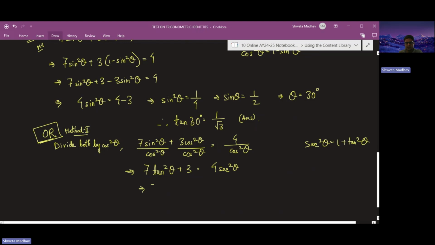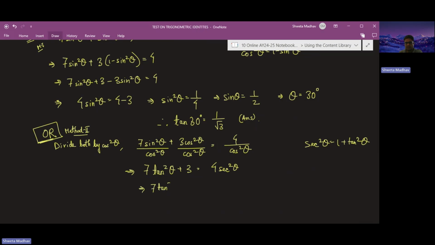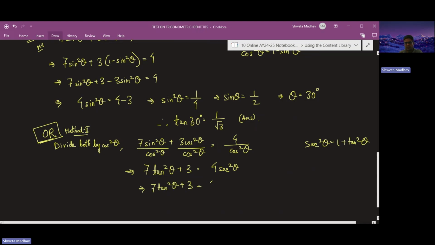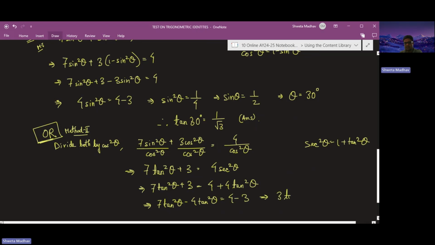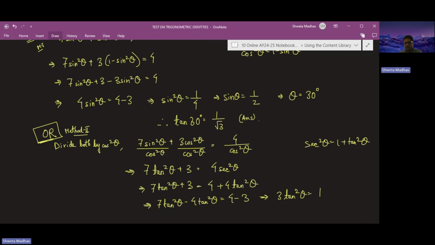So here we can write this as 7 tan square theta plus 3, that is equal to 4 into 1 plus tan square theta. So I can write it as 4 plus 4 tan square theta. So this will be 7 tan square theta minus 4 tan square theta, equal to 4 minus 3. So we get 3 tan square theta equal to 1.